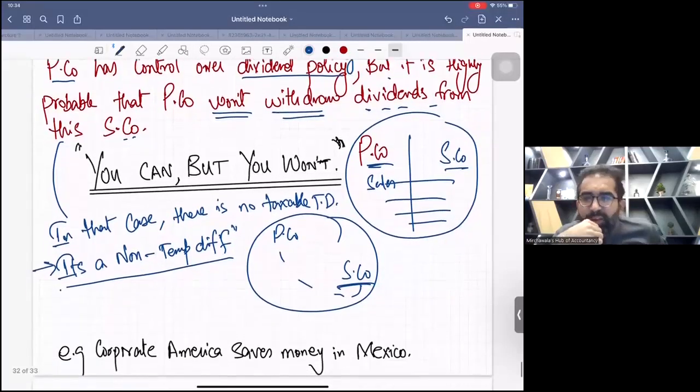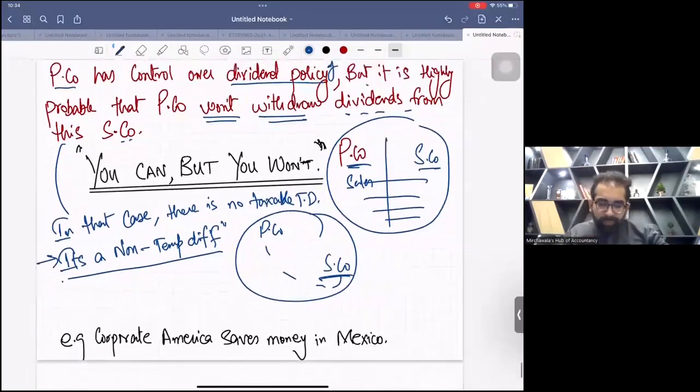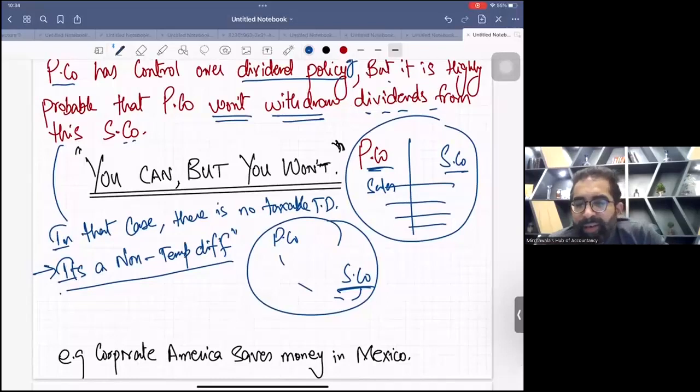Do you guys know where corporate America saves money? Corporate America means the big giant companies of America, USA. They save money in Mexico.